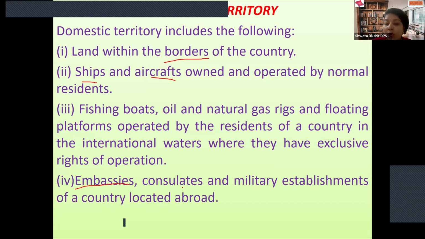In fact, embassies are always set up abroad. An Indian embassy in Japan will not serve the interest of Japan. It will think of the economic interest of India. So, being within Japan's political boundary, it will still be known as India's domestic territory because it is serving the economic interest of India. So the consulates, the military establishments, the embassies, everything is associated with domestic territory.